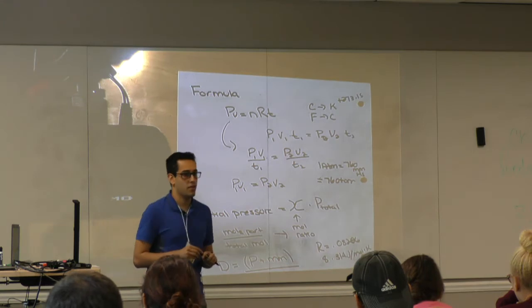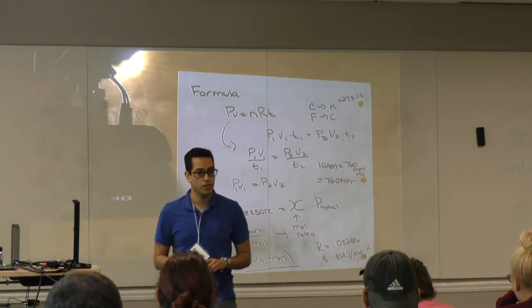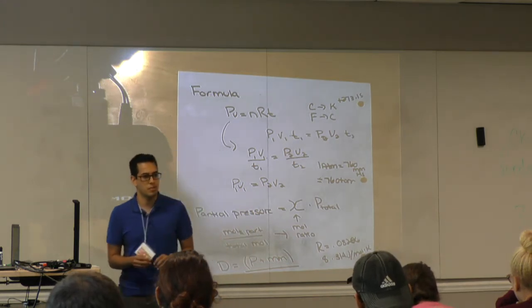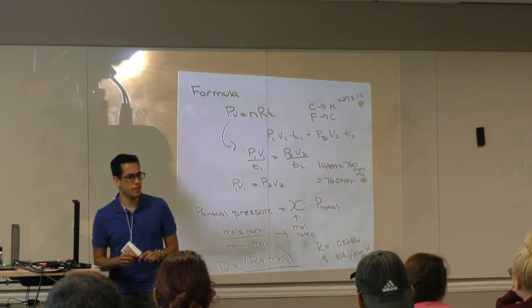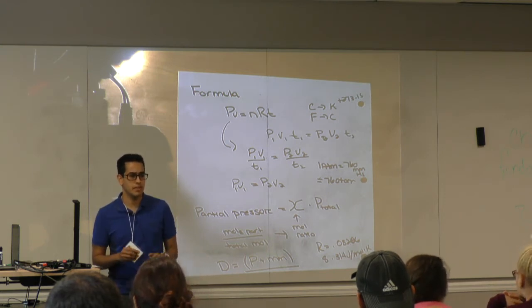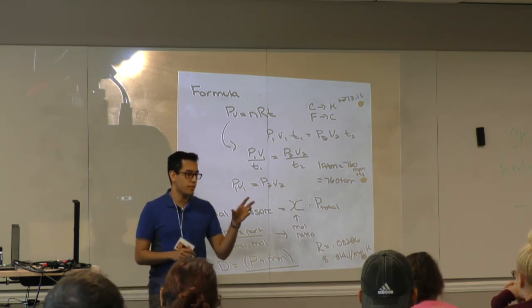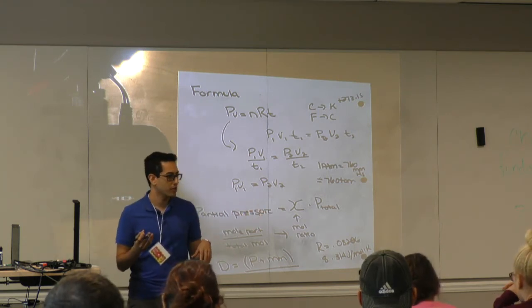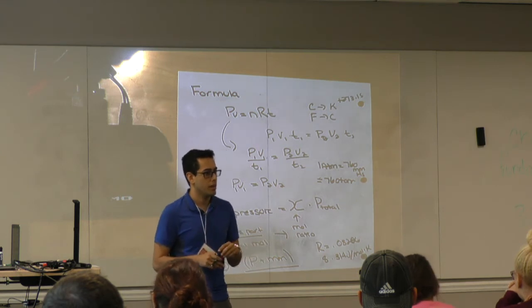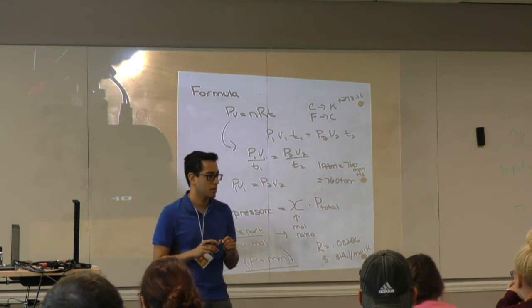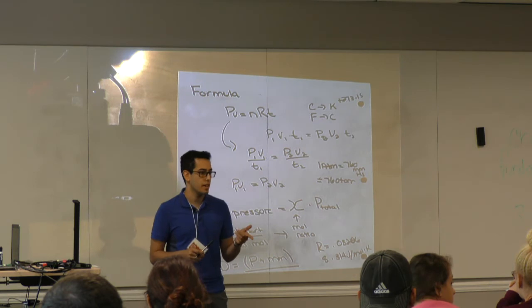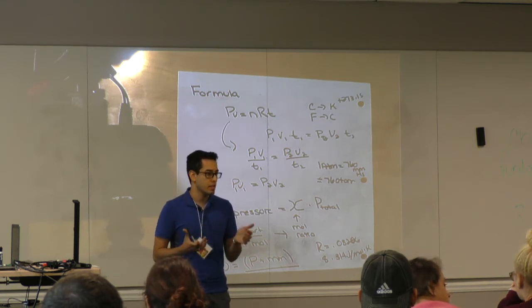Then Fahrenheit to Celsius, you subtract 32 and multiply by 5 over 9. It's in your textbook. So you take Fahrenheit minus 32 degrees and then multiply by 5 over 9. Again, textbook.